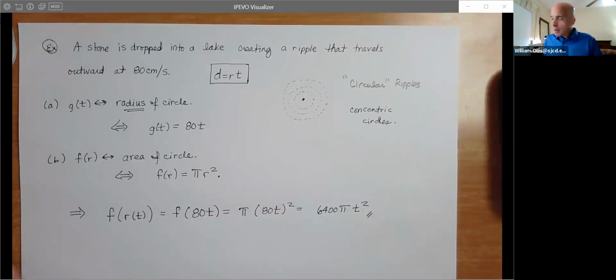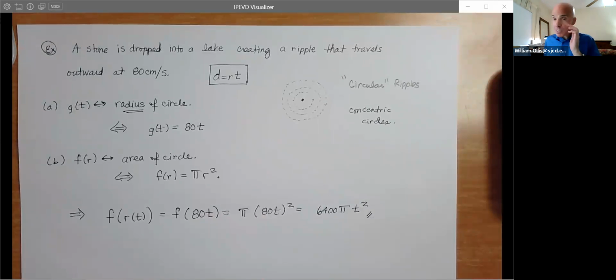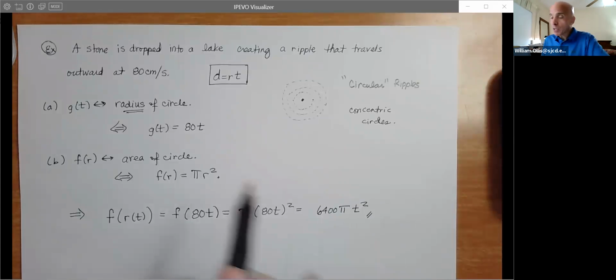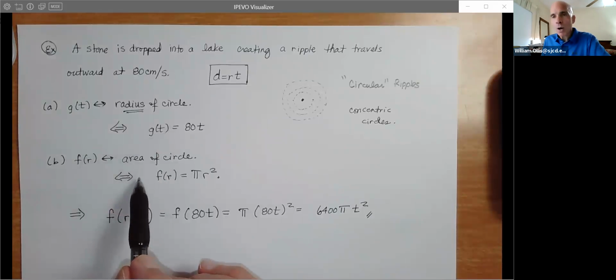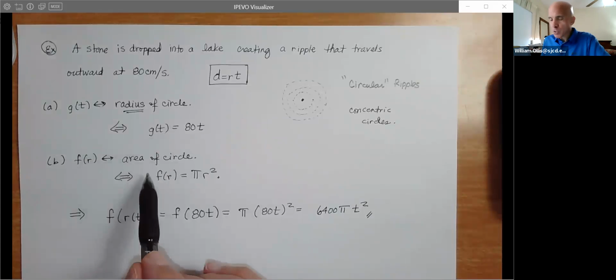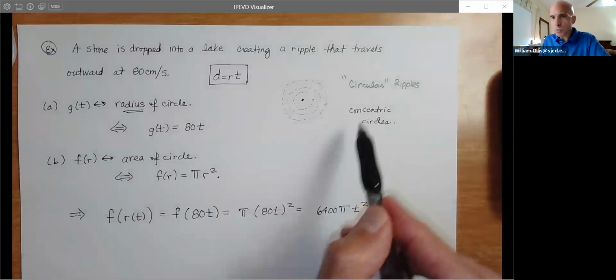Now, the idea here, even though this is an incredibly simple problem, it goes to show you that you're already doing compositions in your science classes. That is, you create new functions based upon the independent variable time. You start out with a function of time, and then you think, okay, what's the area of the circle, these concentric circles?